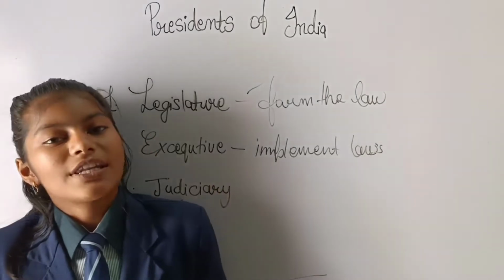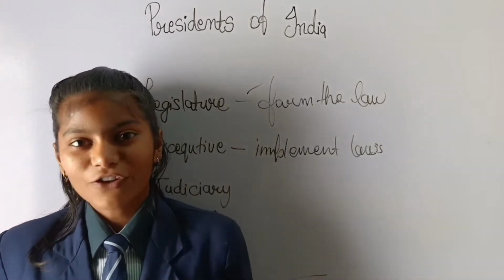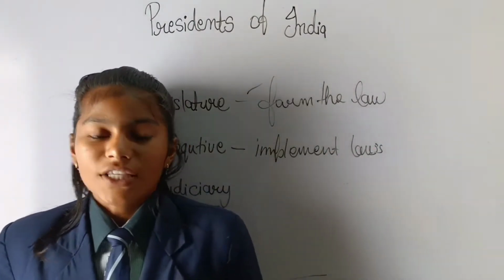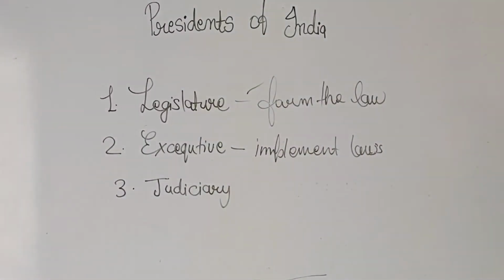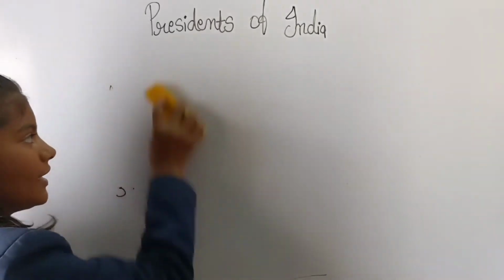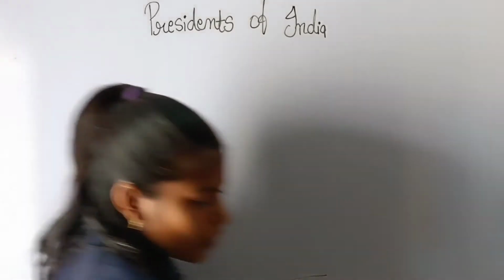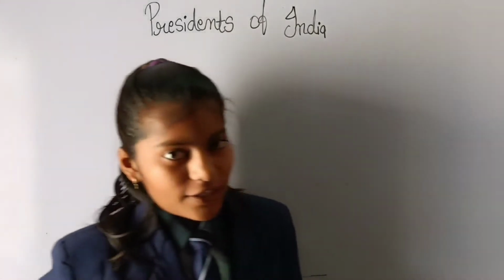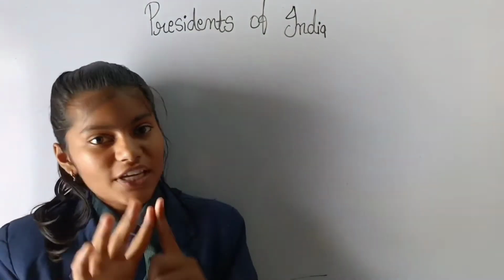Now let's begin with the main part of the video, that is, the President. There are many articles which define the President of India, and all of them are important.